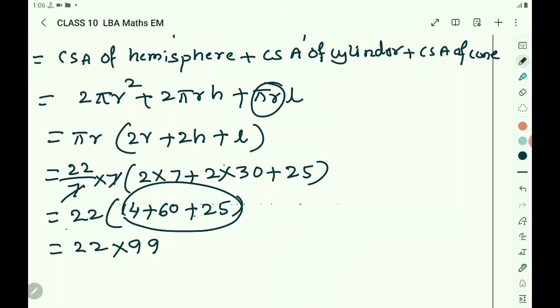The sum of these three is 99. Find the product of these two.